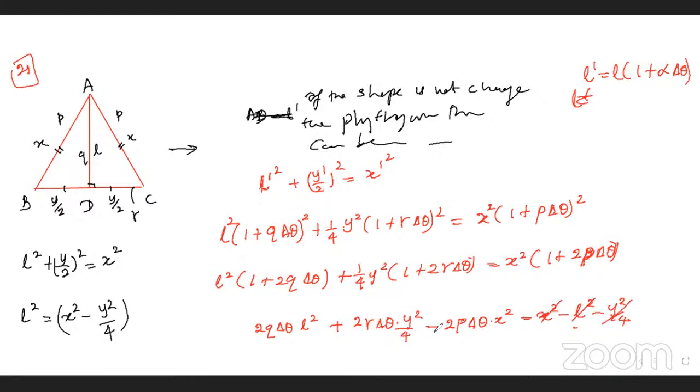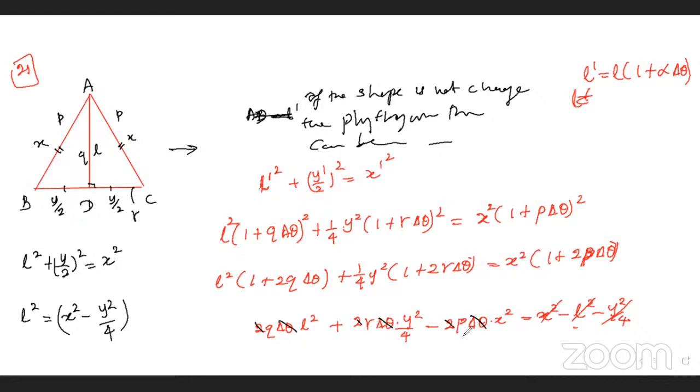Make it equal again. The 2 delta theta all cancels, simple, like better than 0. You can cancel 2 delta theta, 2 delta theta, 2 delta theta.